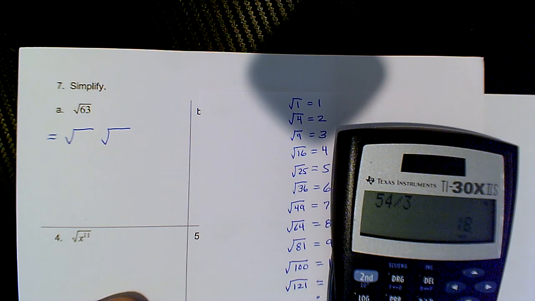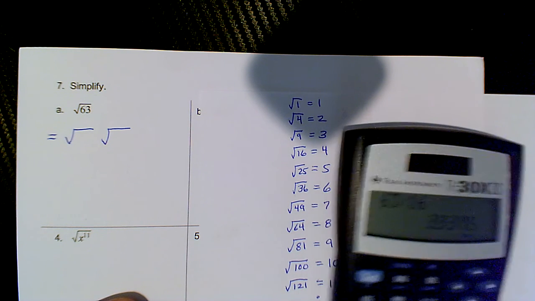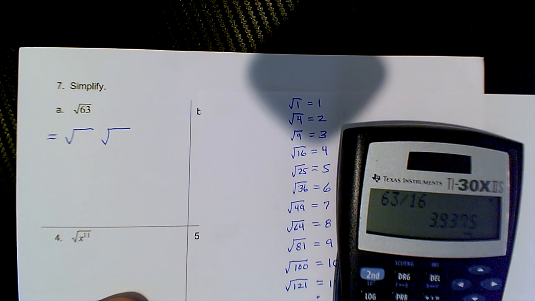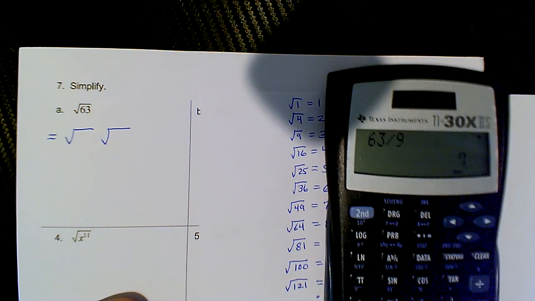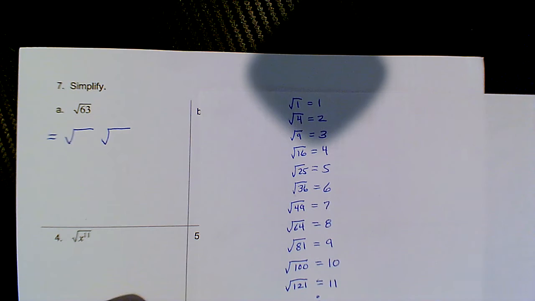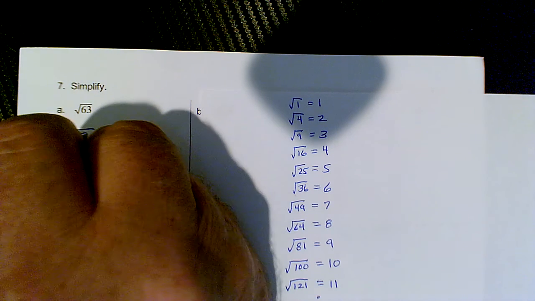Divides evenly to give us 7. So therefore 9 is the factor that is a perfect square, and 7 is what I'll call the leftovers. And then we're going to take the square root of 9, so it comes out of the radical, because it is a perfect square. Square root of 9 is 3, and then under the radical, we leave the square root of 7.